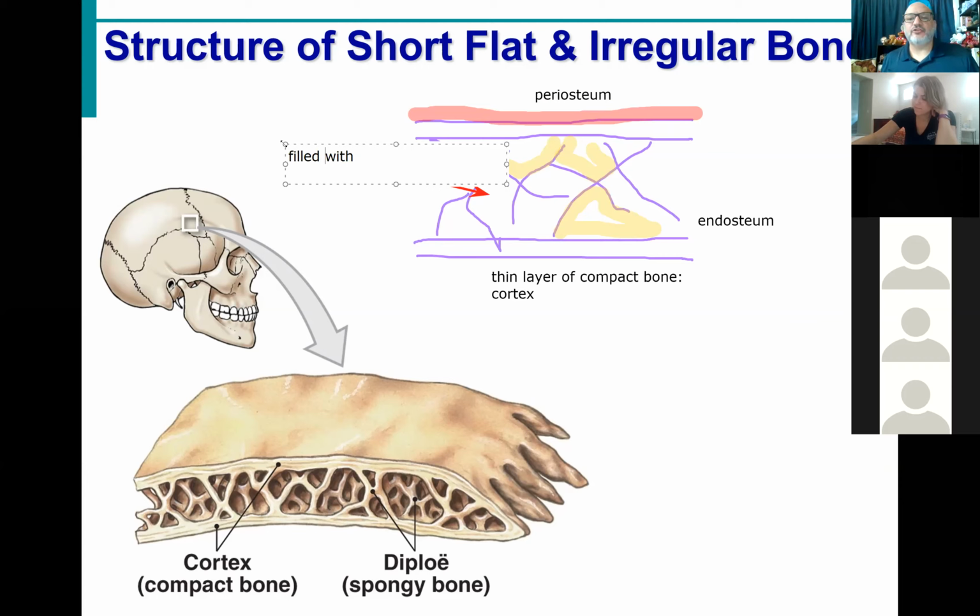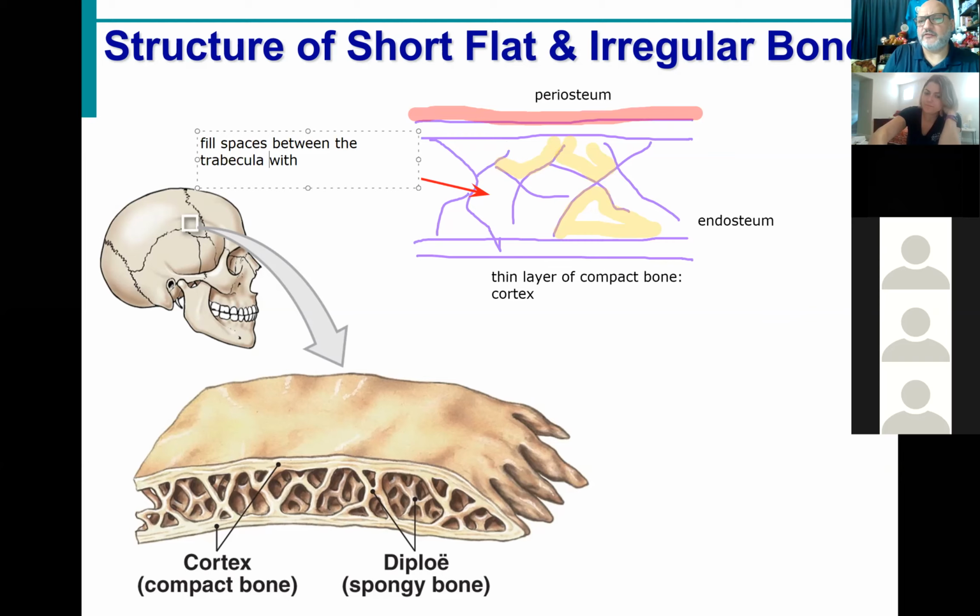Well, you're right, the trabeculae are formed by those interstitial lamellae, but let's be more specific. What do we fill the spaces between the trabeculae with? Marrow, yeah, and what kind? Red, yep.